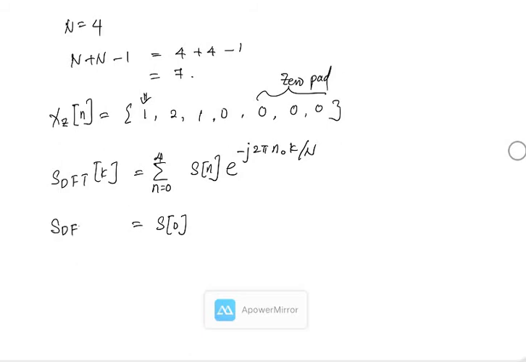I want to find X DFT 0. So I substitute n equal to 0 for S0, e to the 0.